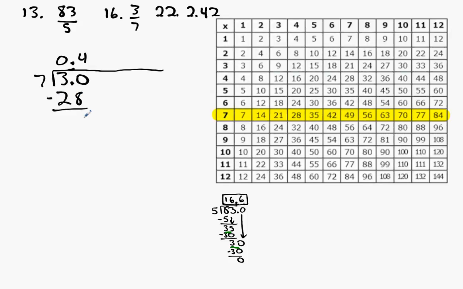Subtract, we get 2, and we keep going. 7 into 20, it's not quite 21, so it's going to be 2. So it's 14. Subtract, we get 6. We keep going. So I told you this is going to repeat, but it's going to take a while to get there. 7 into 60, we go back again. 63 is too big. 56 just right.